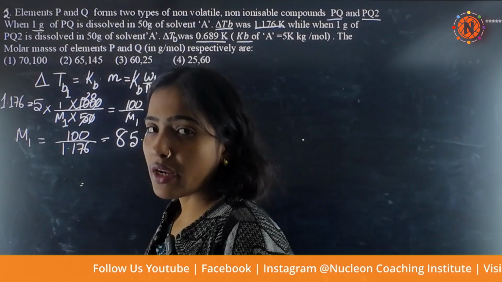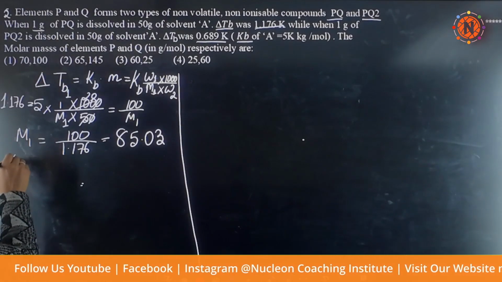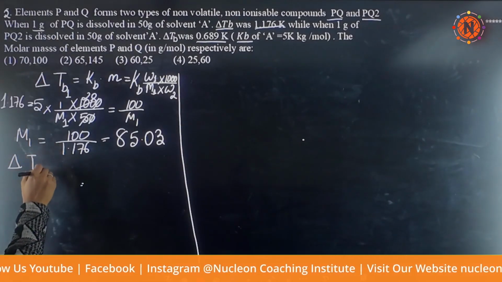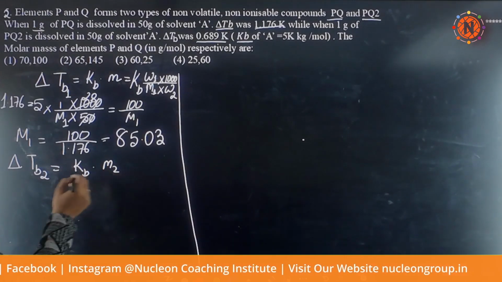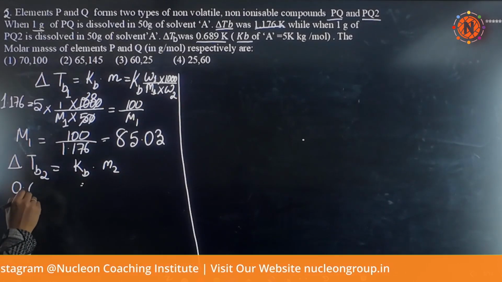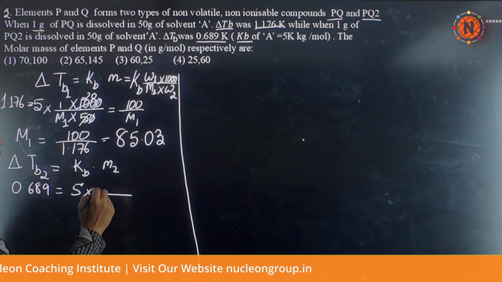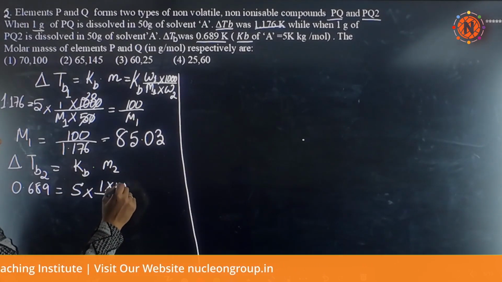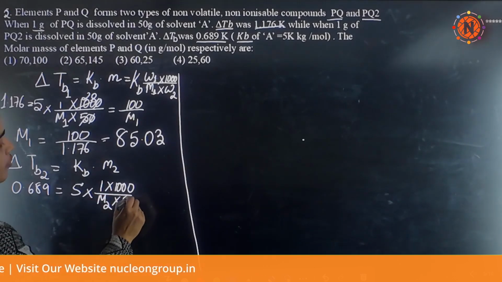Okay, so the molar mass of the solute is 85.03, right? Now for PQ2, it is delta TB2 equals Kb into m. Here the elevation of boiling point is given to me, that is 0.689 equals 5 into 1 into 1000, M2 we don't know, by 50.